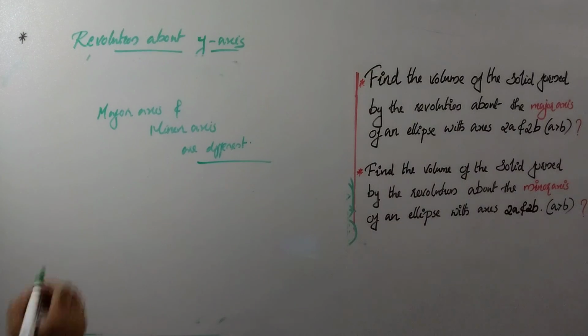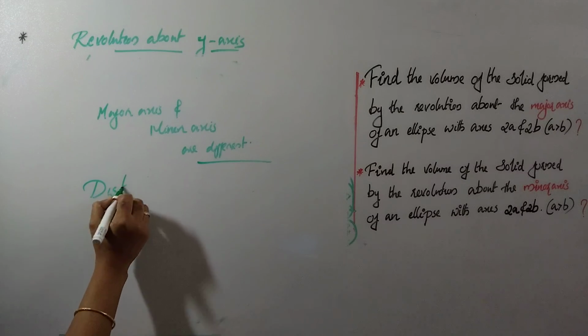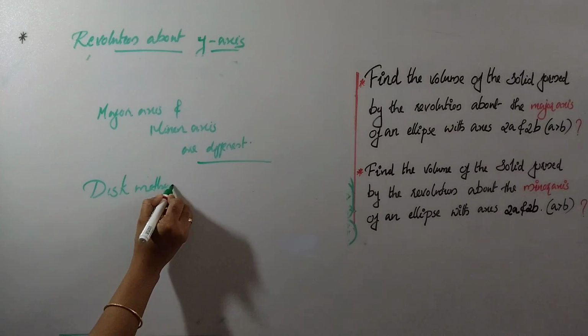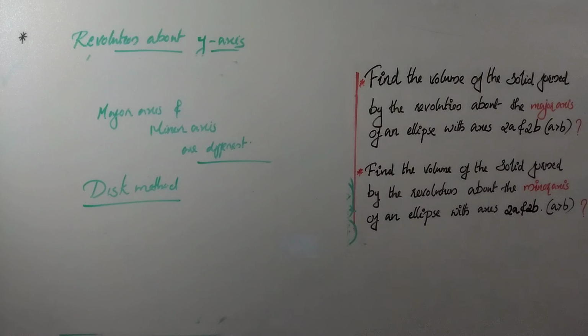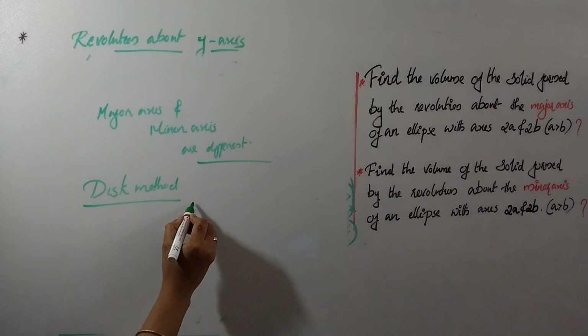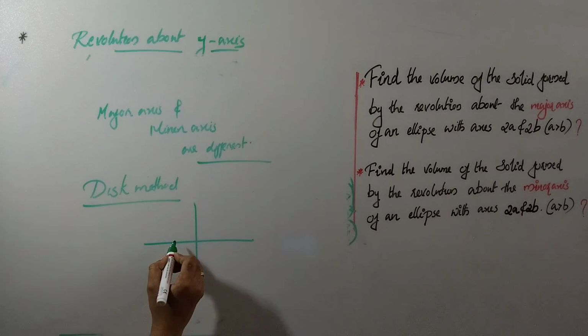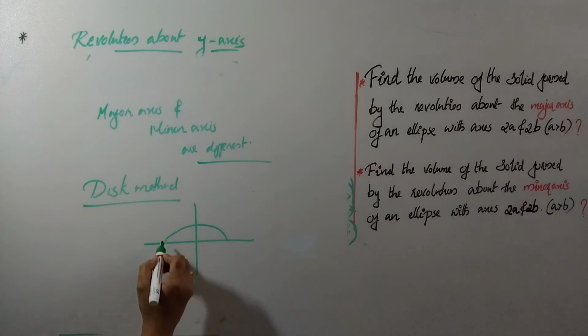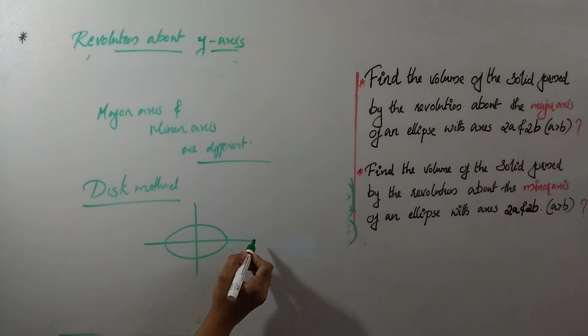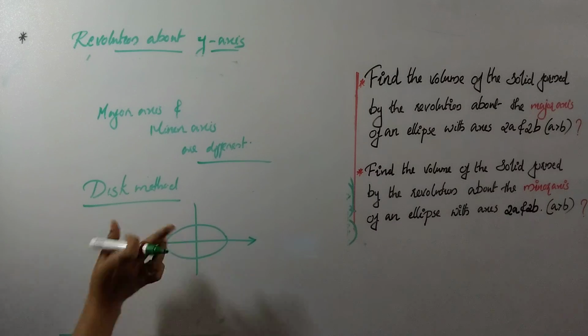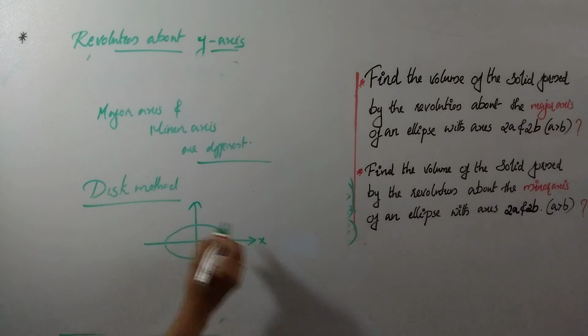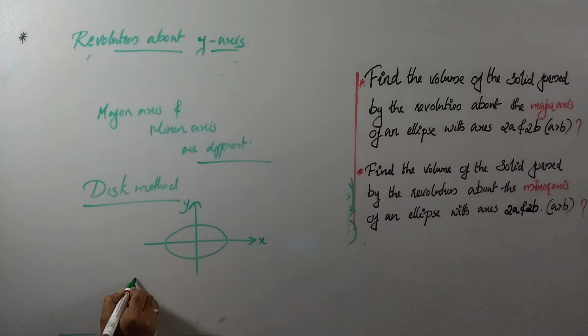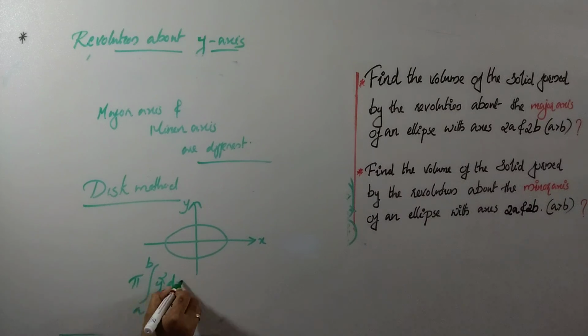Here we are using the disk method to find the volume of a solid of revolution. That is, if this is the solid of revolution, how do we get this integration, pi into integral a to b y square dx, if it is revolving about the x-axis?